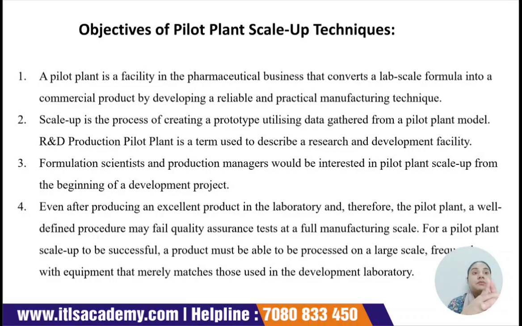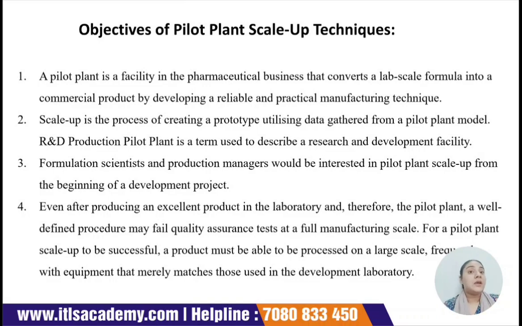So it is something to be understood very clearly that whenever a product is being manufactured in the laboratory, and there is nothing that suggests the product could fail, meaning there are no chances of any failure, then also sometimes the quality may fail at quality assurance.